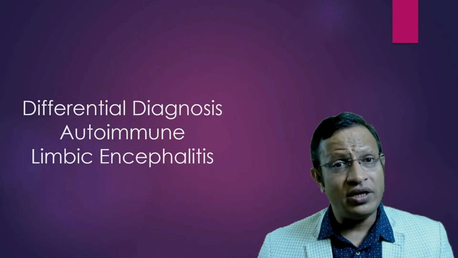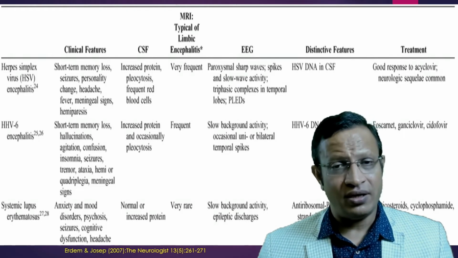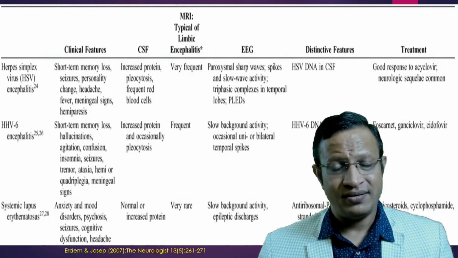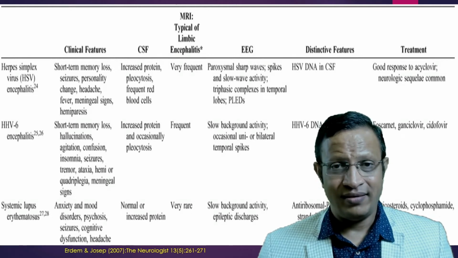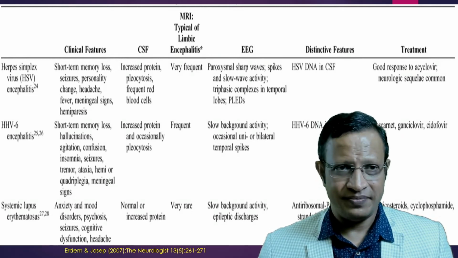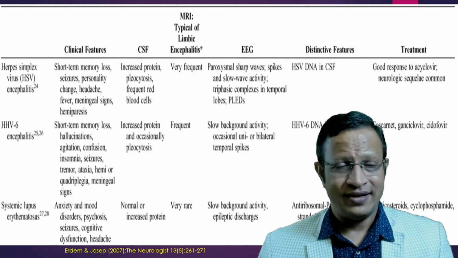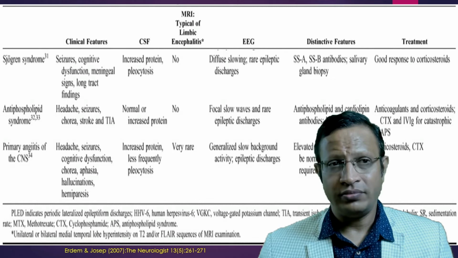So let's understand the differential diagnoses of autoimmune limbic encephalitis. As I mentioned earlier, viral infection, that is herpes simplex viral infection, can also present like limbic encephalitis. HHV6, that is human herpes virus 6 infection, systemic lupus erythematosus, Sjögren's syndrome, and antiphospholipid syndrome, primary entities of the CNS.